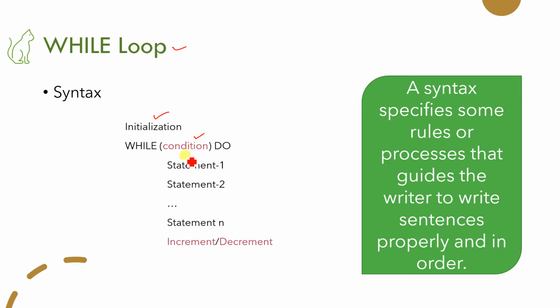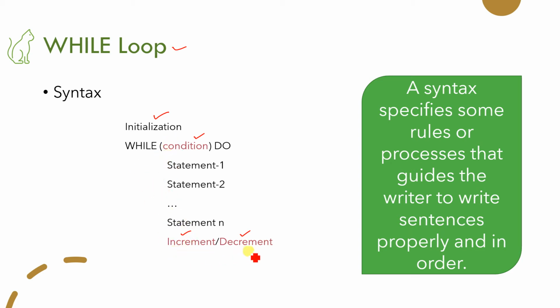So to help the condition, or to help the while loop run multiple times, this line will be necessary, that is your increment and decrement. Either there will be an increment statement or there will be a decrement statement, but not both. Whenever that particular statement is over here, it drives this condition to be true for some time.